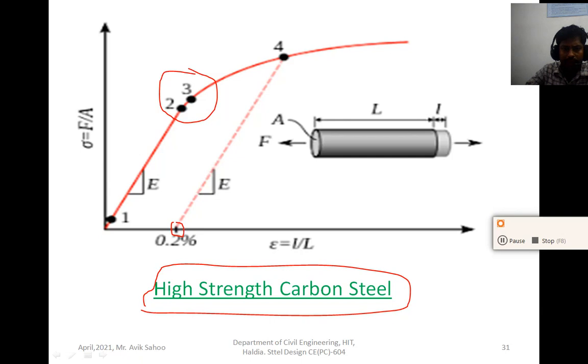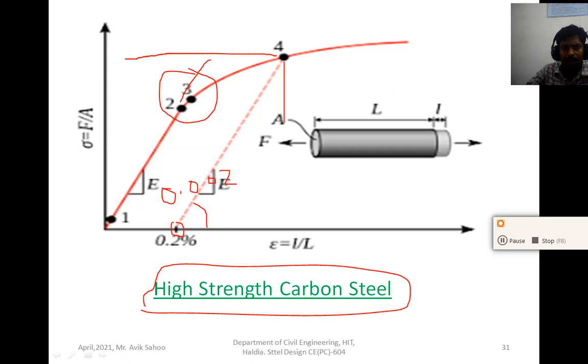So how do we get the yield stress here? We take an offset from the linear portion, at 0.002 strain. We consider an offset, and a parallel line is drawn which intersects the stress strain diagram, and we get the corresponding stress.